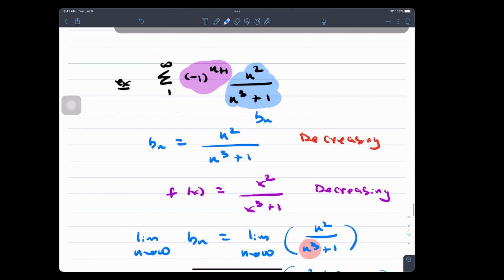So we say this thing what again? Converges by your alternating series test. So this is, like I said, a very special class of limits. Yeah, anyway.